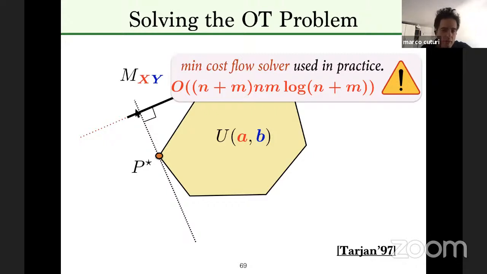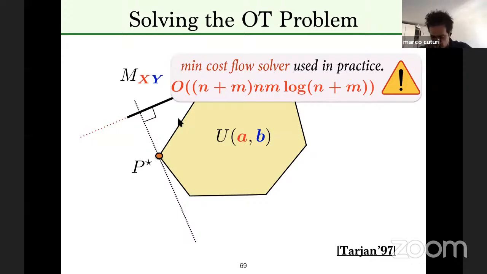And right now, the understanding is that there are algorithms that are provably n cubed log n. If n and m are different, this will be (n plus m) times m log n plus m, that work for this problem. So we were able to prove that.